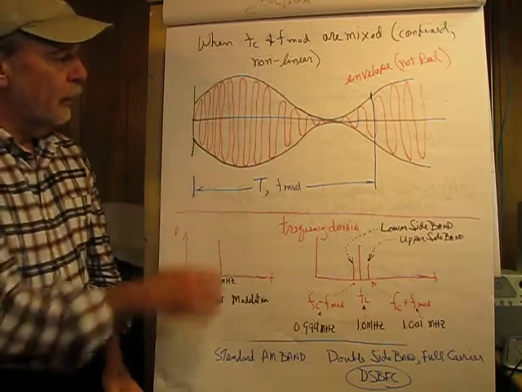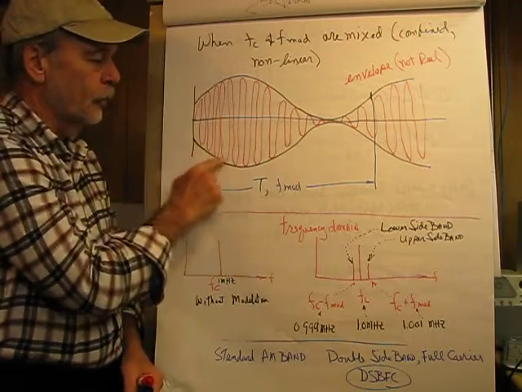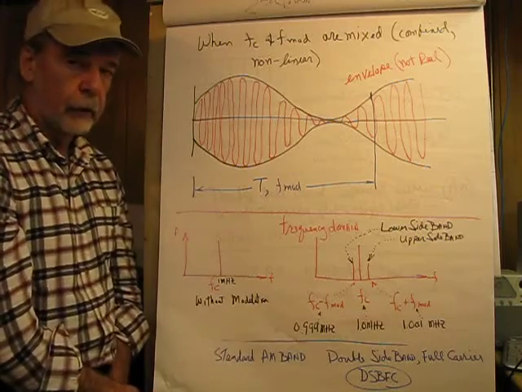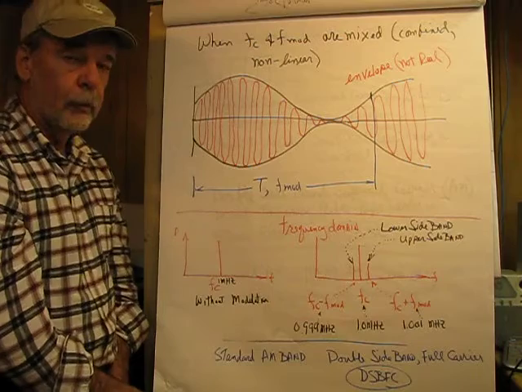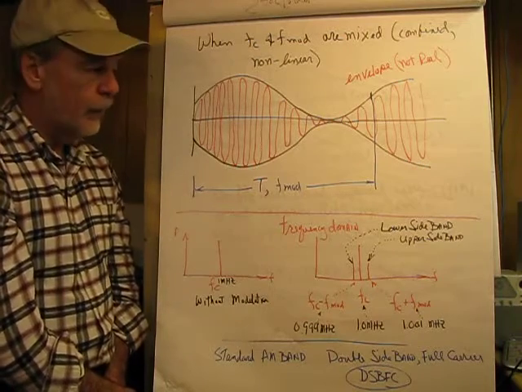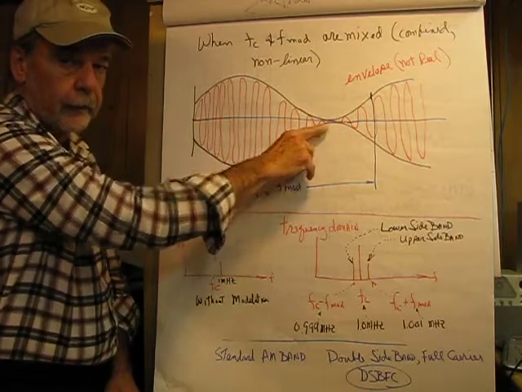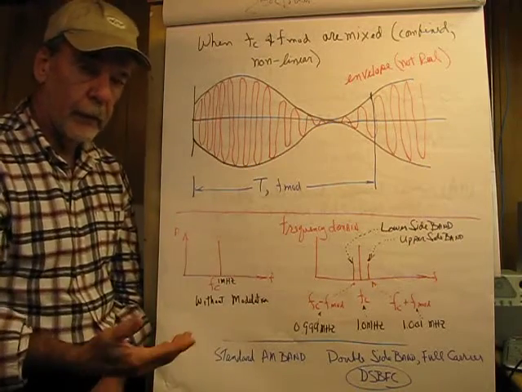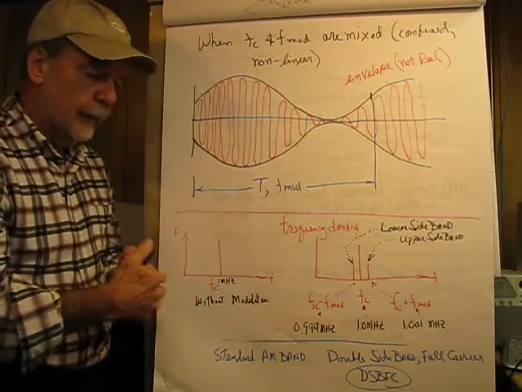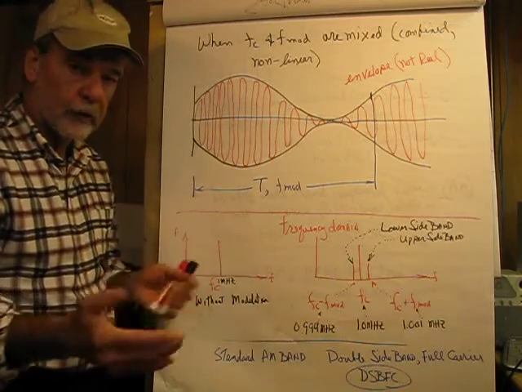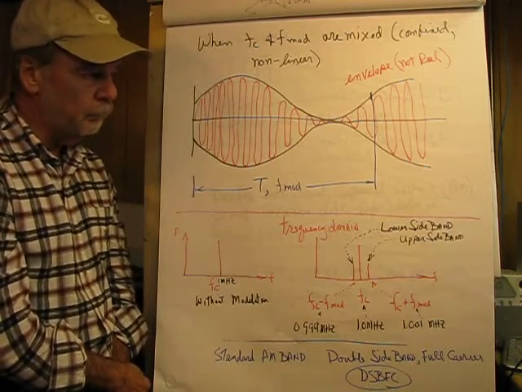So what we see here is that the modulating signal is superimposed and controls the amplitude of the carrier signal. Now what I've shown here is a 100% modulated signal. If it goes any higher than that, it'll cut off the carrier in this area, and that produces what's called splatter, which means that our signal at 1 megahertz can be all over the spectrum above it, so the FCC really doesn't like that to happen.